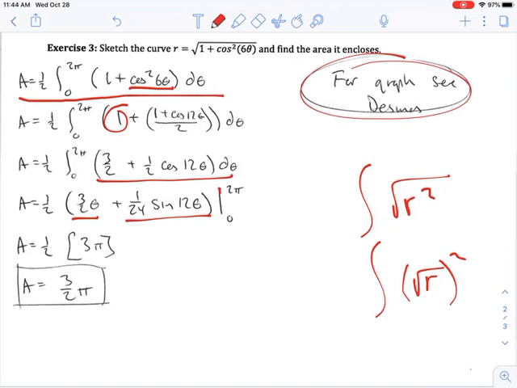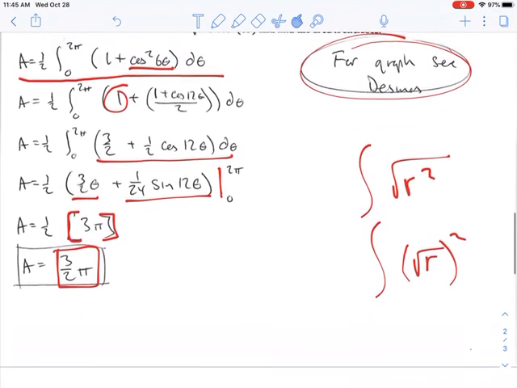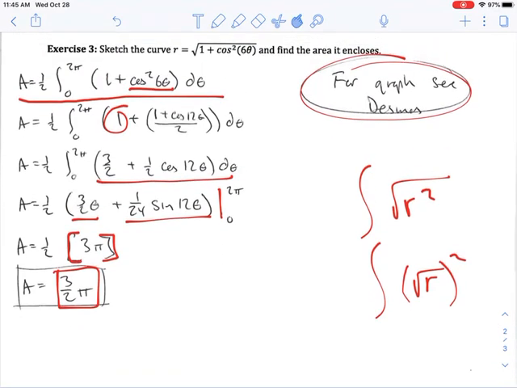Then we evaluate that from 0 to 2 pi. We end up with 3 pi times 1/2, which is 3/2 pi. All right, that is it for finding the area underneath or bounded by a polar curve.